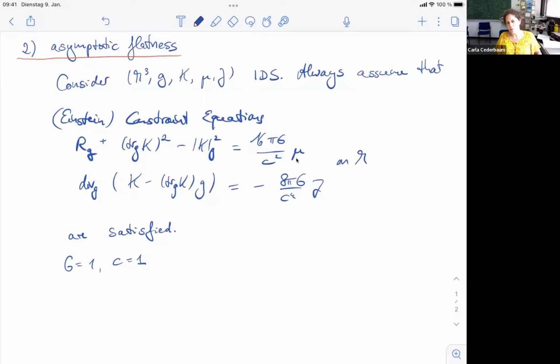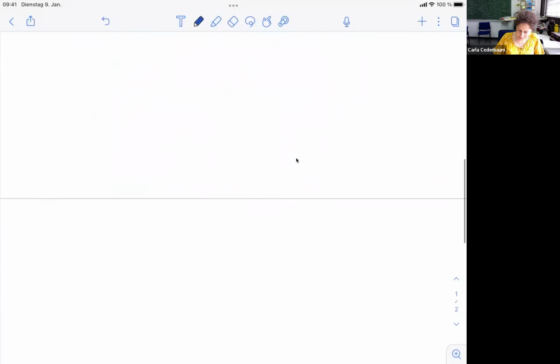And so with this prelude, I can now say what I mean by an asymptotically Euclidean or asymptotically flat initial data set. Let me first draw a picture.